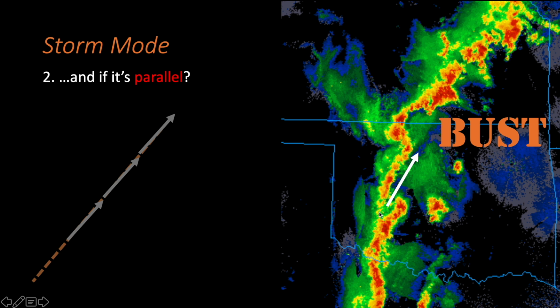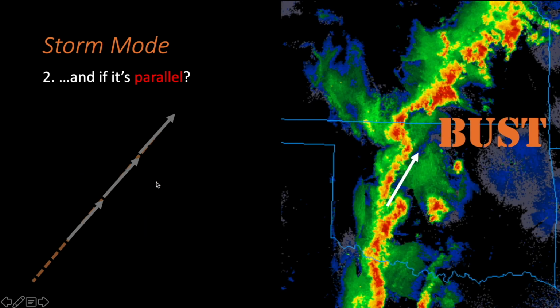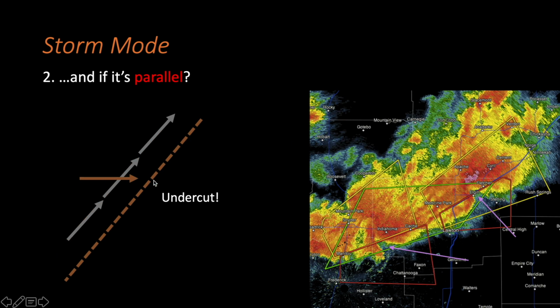If it's parallel, however, this is also how you get your bust scenarios, because any storm is just going to be moving along the boundary and further cluttering it, and this is how you end up with massive globs of disorganized convection. And to make matters worse, when you have a front that these storms initiate on that actually surges east of the storm motion, in this case the storms were riding that front parallel, but now it's surging eastward.